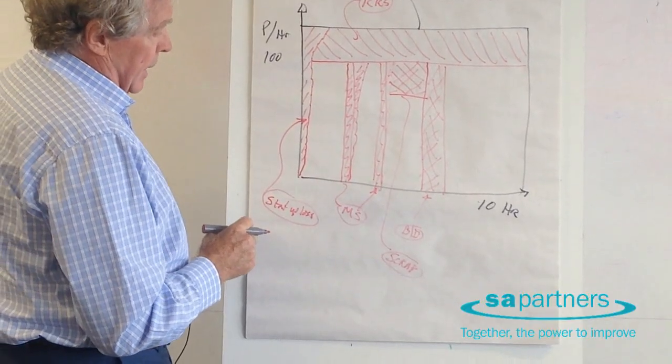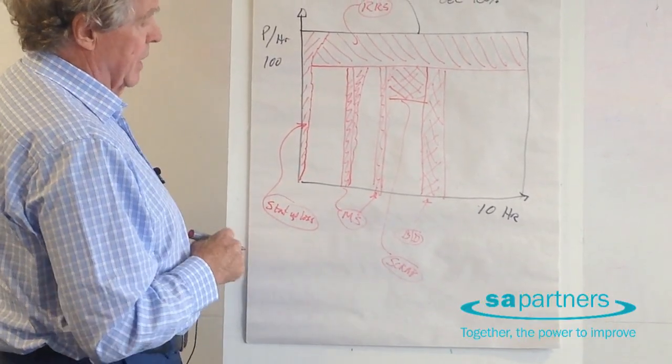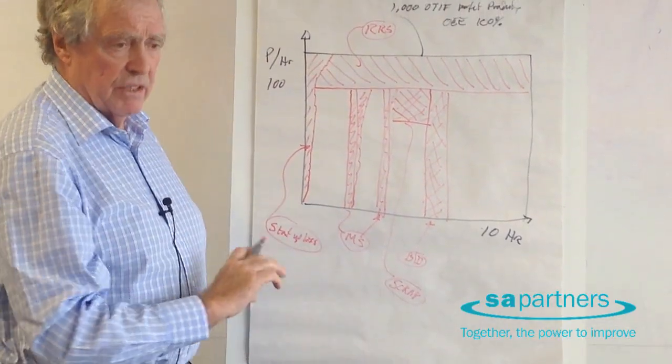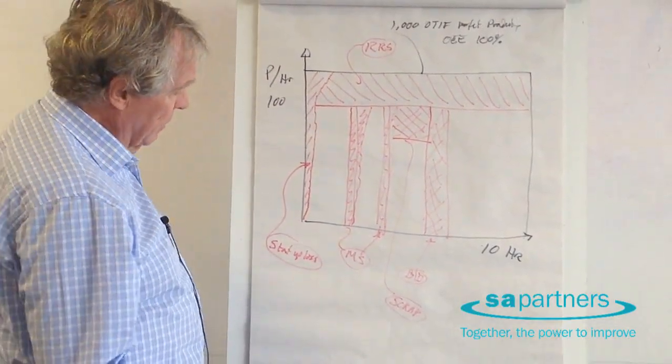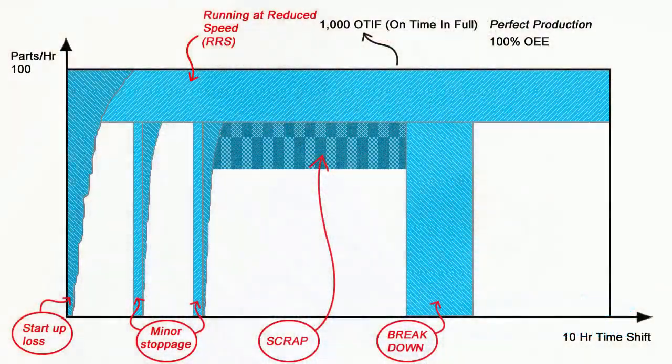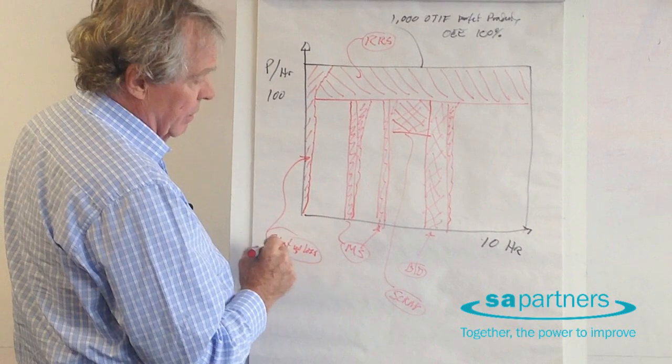We've got breakdowns that affect availability. We've got running at reduced speed and minor stops that affect the performance rate when we're running, and we get startup losses every time we get a breakdown, so there's another startup loss there, every time we get a minor stop, and we produce scrap as well as that startup loss.